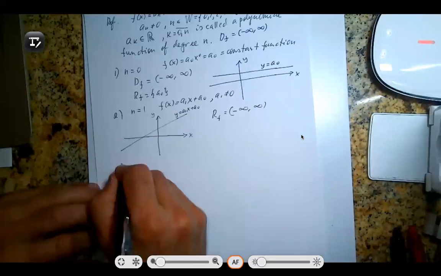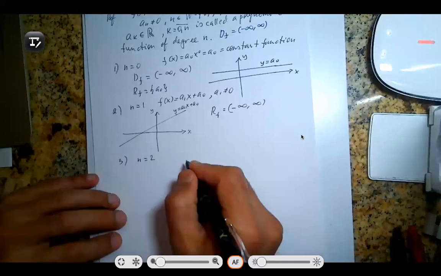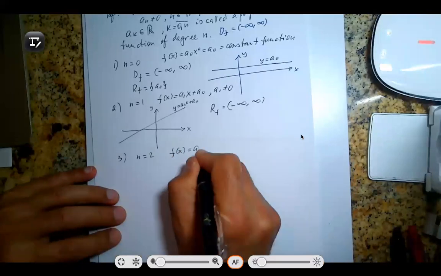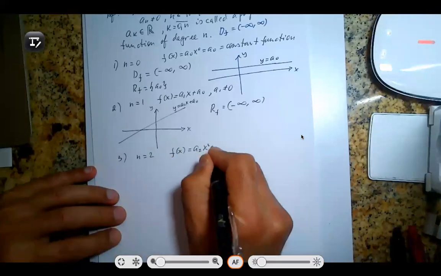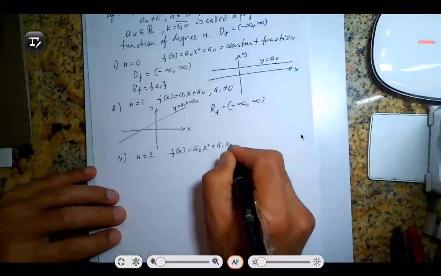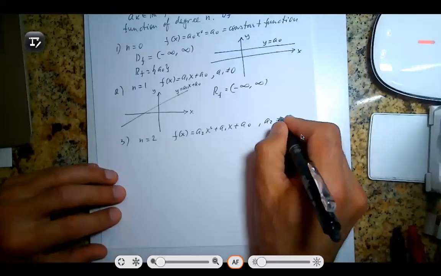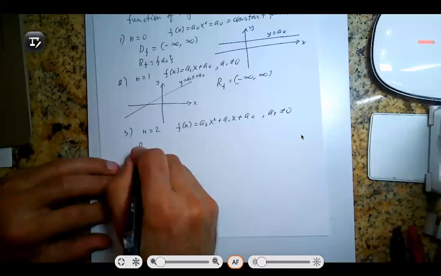Next one, let's take n equals 2. Then you get f of x equals a sub 2 x squared plus a sub 1 x plus a sub 0. It's a quadratic function, we just discussed this. What's the range of it?